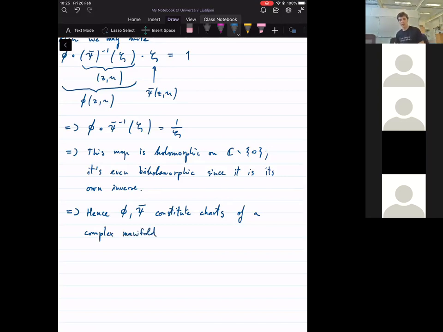As I've said, in the case of a real manifold, we demanded that our transition maps between charts are diffeomorphisms, in the usual sense, like in your Analysis 2 course. Well, what does it mean to be a complex manifold? Nothing else than the requirement that instead of our transition maps being diffeomorphic, they are biholomorphic.